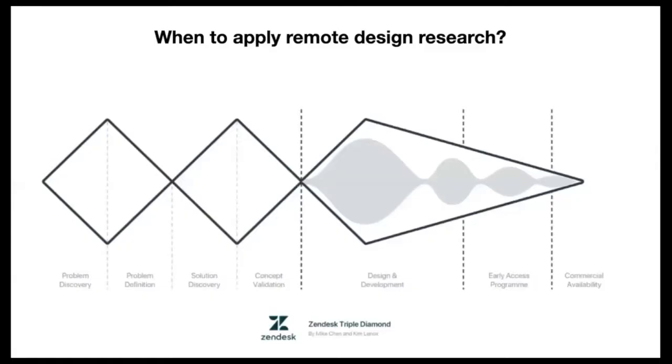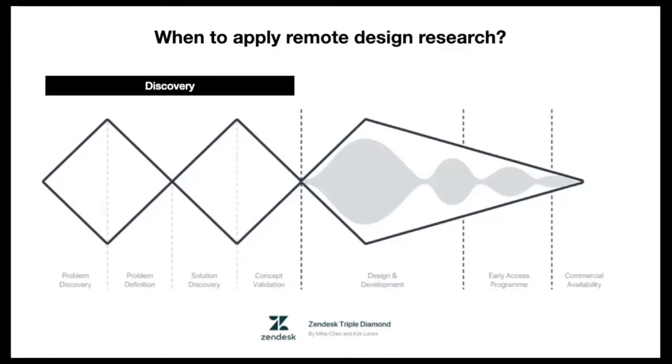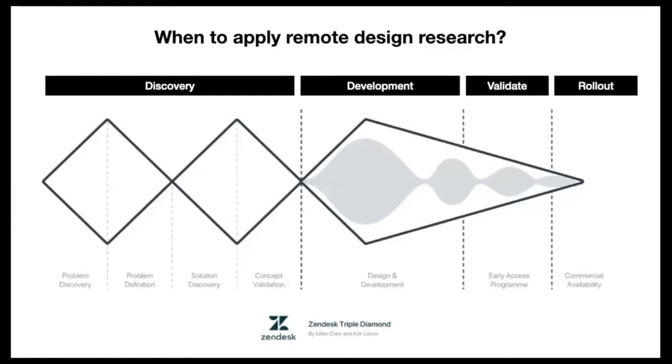So, where would you apply remote design research in a design process, Christine? Yeah. So let's just take the Zendesk triple diamond process, for example. In this process, it has discovery, development, validation, and rollout stage. This process differs slightly from the traditional double diamond design by including a rollout stage.